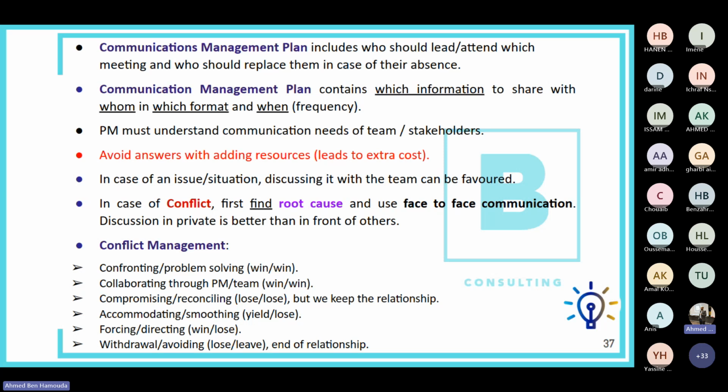But definitely the worst way of resolving conflicts is to withdraw from the project, from the team, or from the conflict. That's called withdrawal or avoiding. That can lead to the end of the relationship because that's a lose-leave situation. So please remember these conflict resolution or management techniques, and definitely we always favor confronting or collaborating.